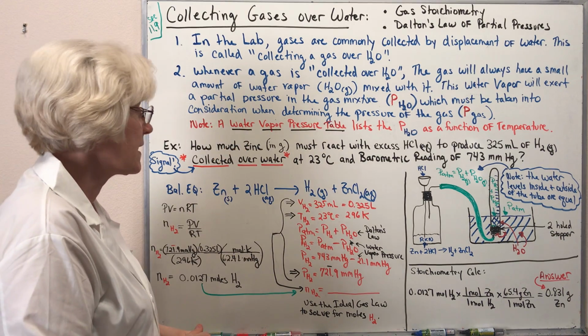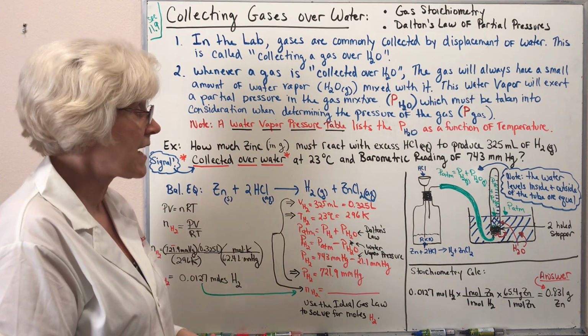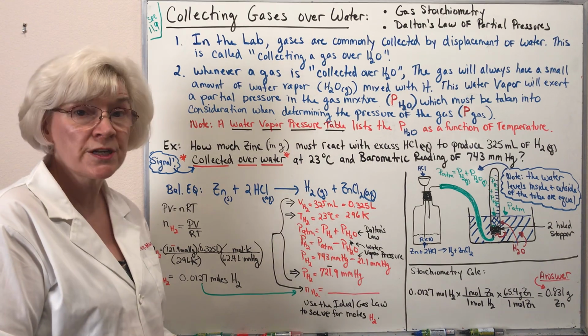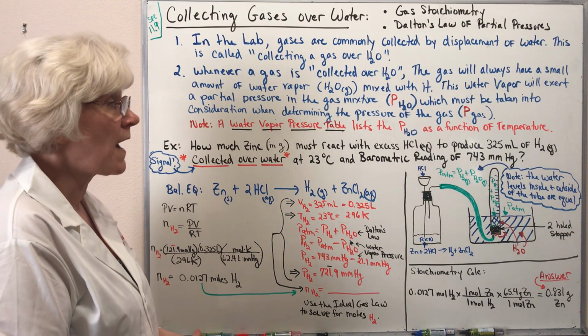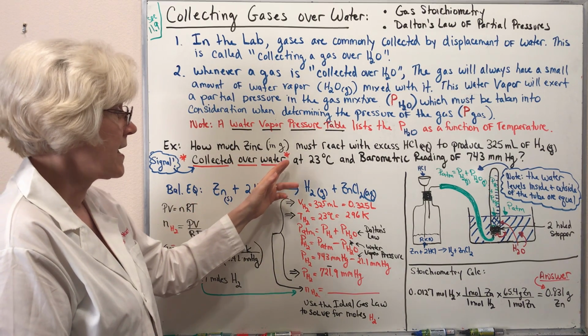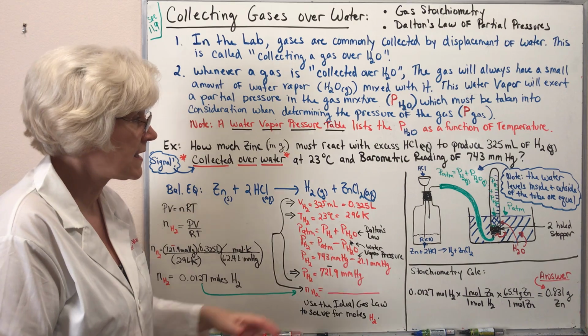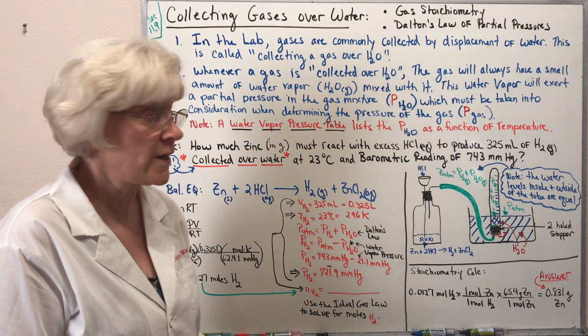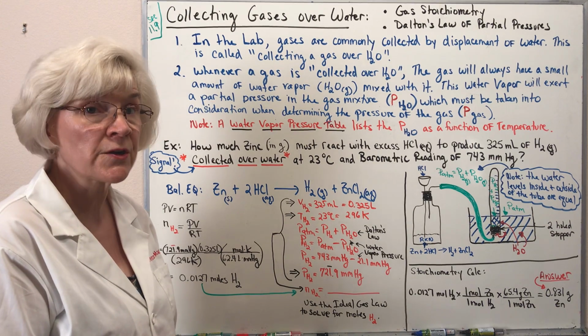How much zinc in grams must react with excess hydrochloric acid to produce 325 milliliters of hydrogen gas collected over water at 23 degrees Celsius and a barometric reading of 743 millimeters of mercury.